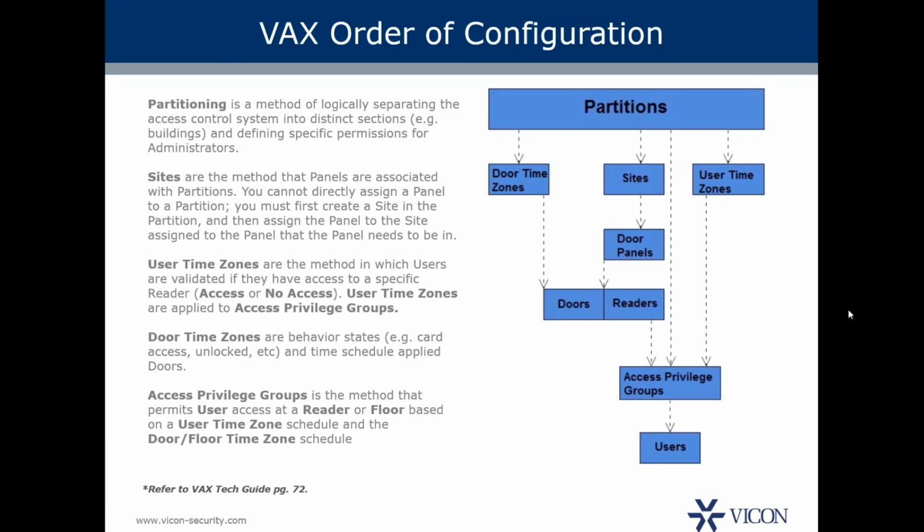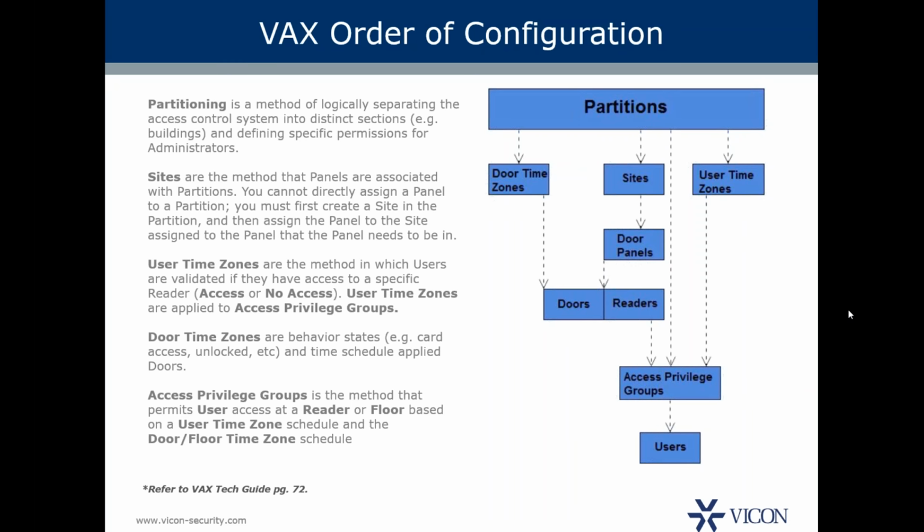And partitioning is the method of logically separating the access control system into distinct sections. It could be actual physical buildings, or it could be different sites within the building, or it could be administrative groupings such that you want to give permissions for administrators to have access to certain partitions, which means a certain group of sites and doors.